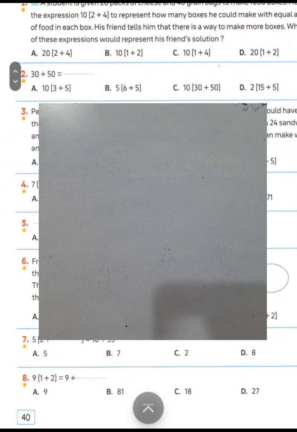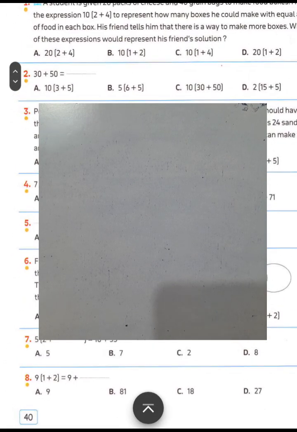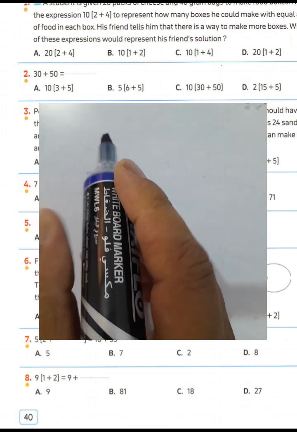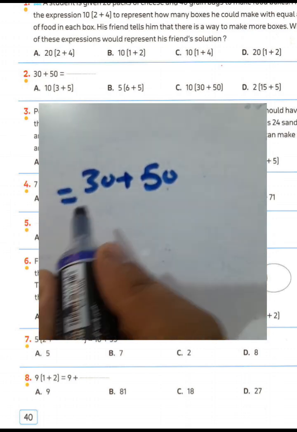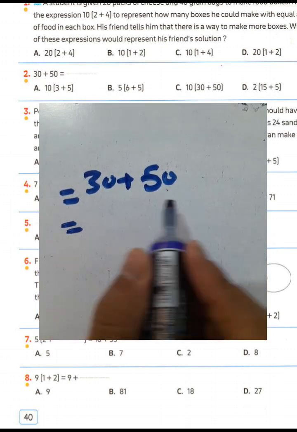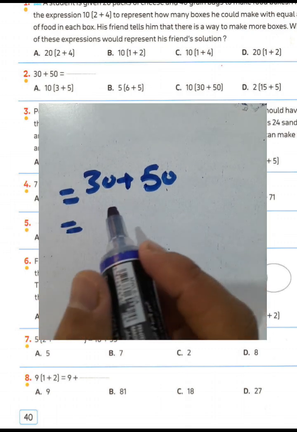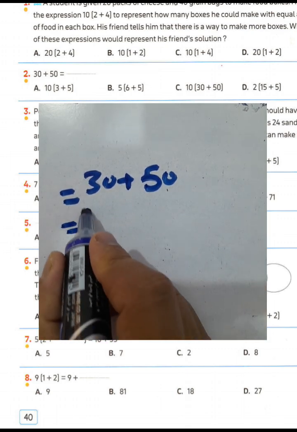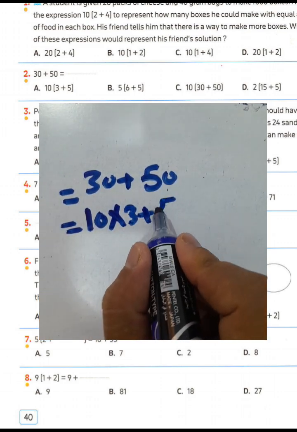Question number 2. 30 plus 50 equals blank. We can write this number 30 plus 50 by writing the greatest common factor between 30 and 50. We know the highest common factor between 30 and 50 equals 10, and 30 equals 10 times 3, and 50 equals 5 times 10.